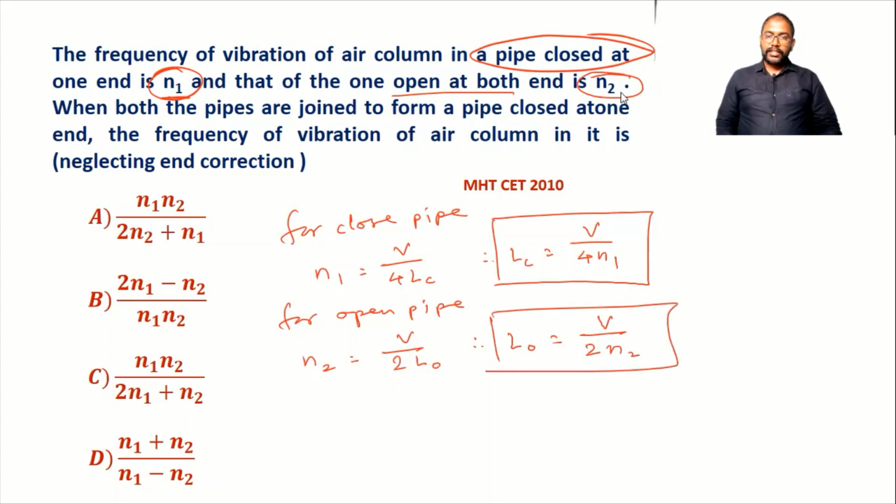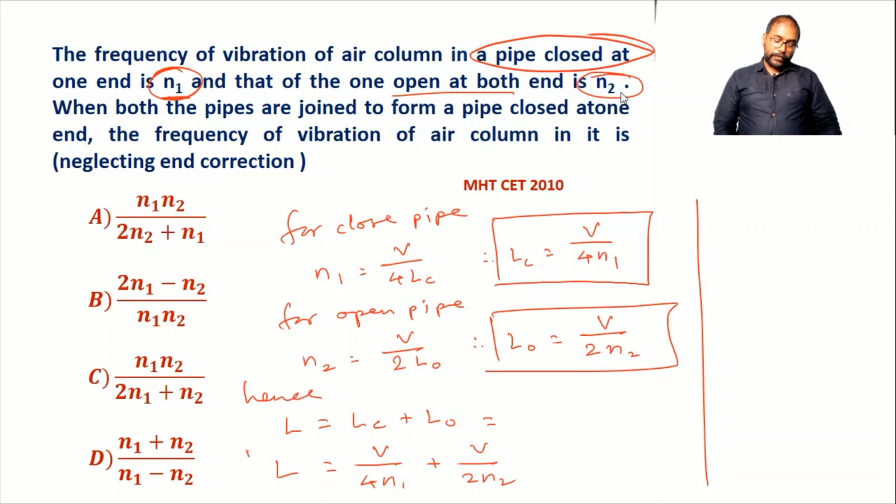Now when we join such two pipes, the length of such a pipe is LC plus LO, means here we get V upon 4N1 plus V upon 2N2. This is the length, and we have to find out the frequency of vibration of such a pipe.